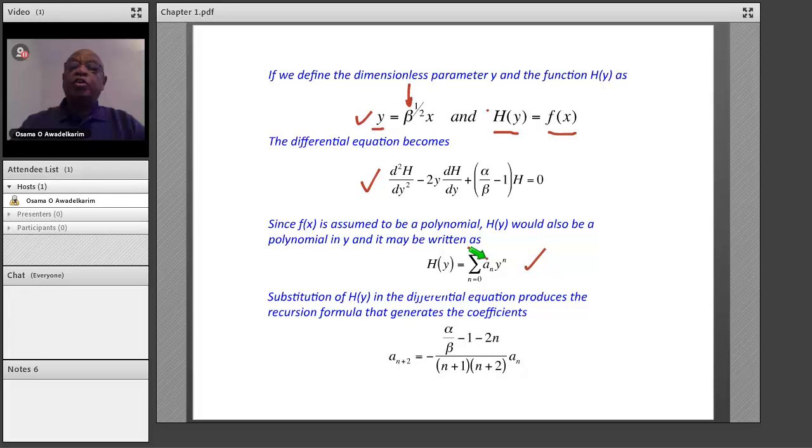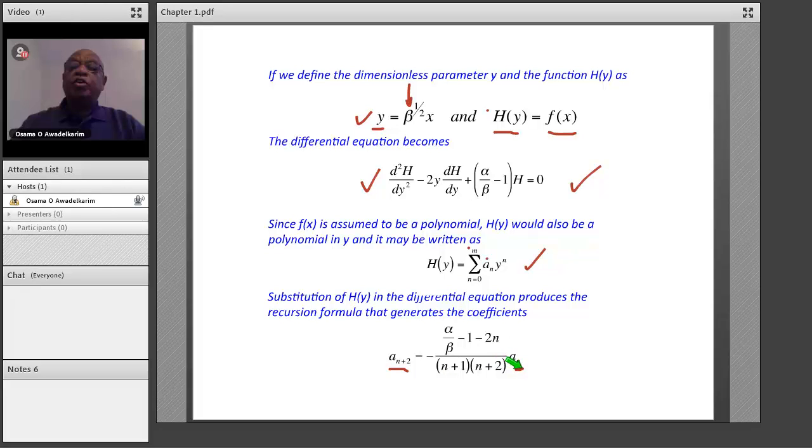Applying this polynomial to this differential equation gives us the recursion formula, which relates the coefficient a sub n plus 2 to the coefficient a sub n.